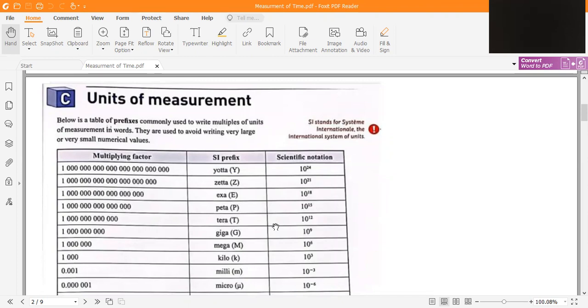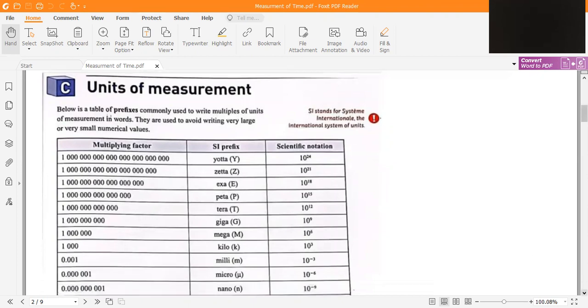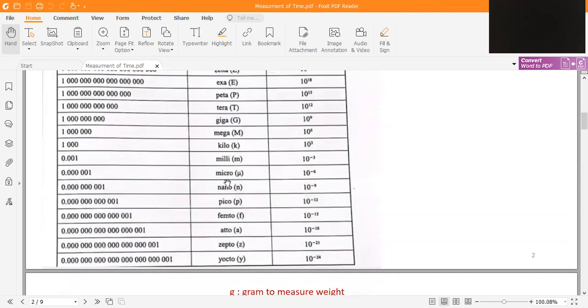Okay, and below in this table, we will explain and give the prefixes commonly used to write multiples of units of measurement in words. Okay, so we have kilo, which is very familiar to us.